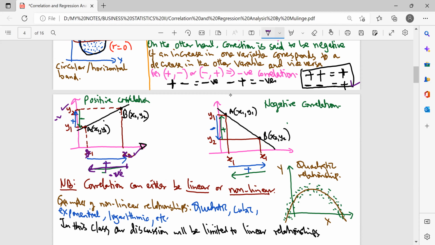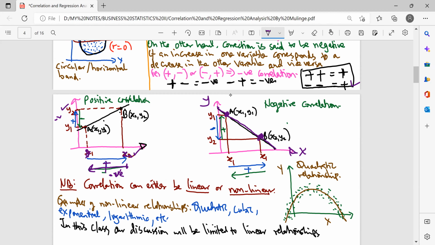On the other hand, if you have, this is my X axis and this is my Y axis, and I have this line here, then I pick two points. Let's say I pick this point here on the line and another point here on the line.